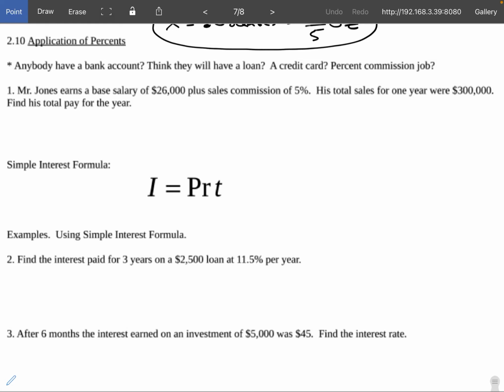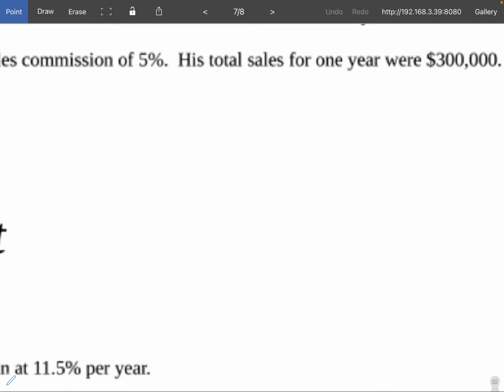So his salary, he gets 26 grand, even if he doesn't make any sales. But then he makes 5% off of his sales for the year. In this one, his sales were $300,000, so he's going to make 5% of that, plus the 26,000 that he's guaranteed up front.